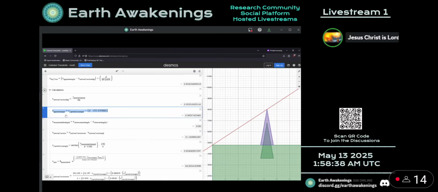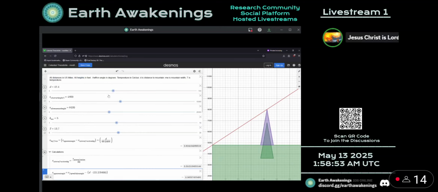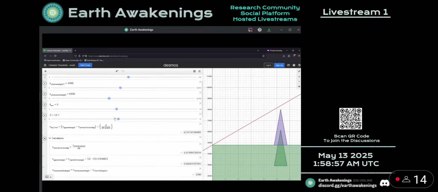Hold on, wait. This formula right here, you just told me this is the apparent angle to the star, right? Well, to the mountain, and it's the same as the star because it's at the moment of occlusion. Well, hold on, it can't be the same as the star because this line's not crossing this mountain right here.